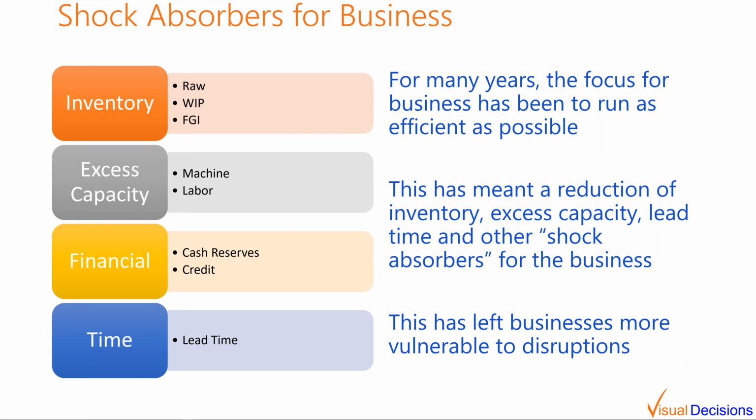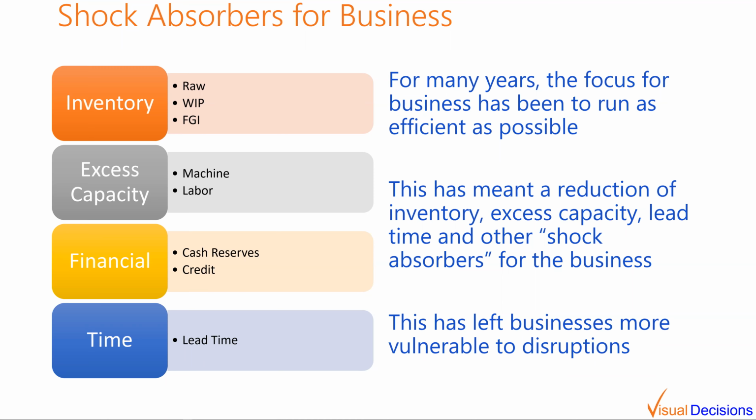And so you carry inventory in your business in order to be able to cover for when a supplier misses a shipment or there are quality problems with a shipment or things like that, so that you have the inventory on hand to continue production. It's somewhat of a just in case type of scenario.